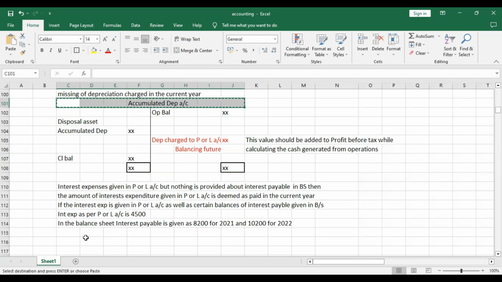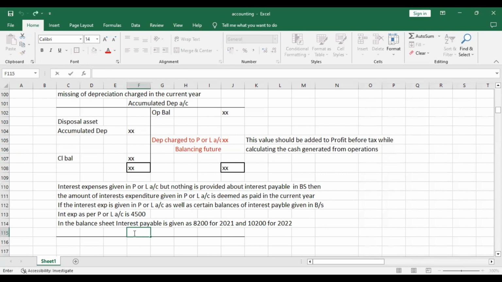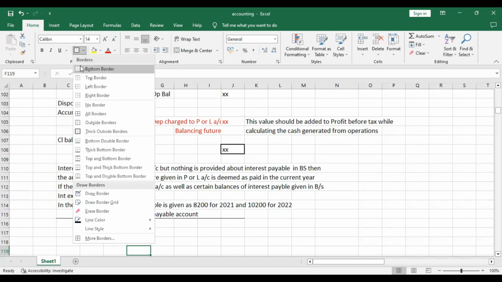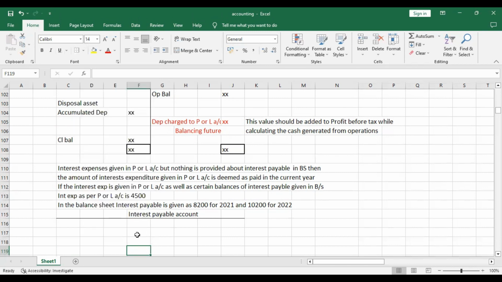The account format you can prepare. So this is the interest payable account. This is also a liability account.